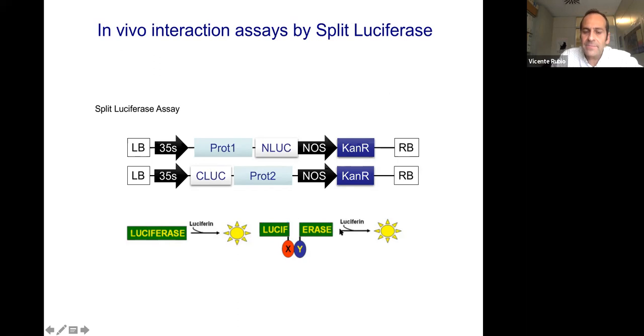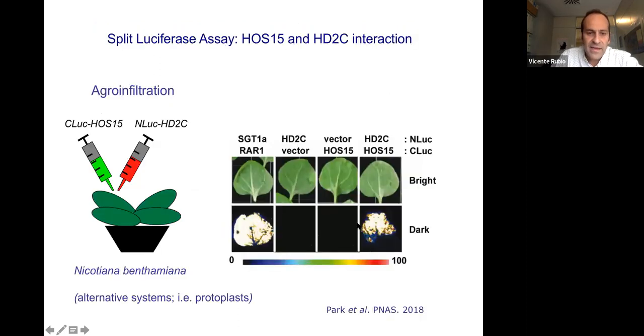And this is what you can see here in an example from a paper in which we collaborated, with HD2C and HOS15. This reminds me of the talk of Marta. Here, our collaborators were characterizing the function of HOS15, which is a member of the Cullin-4 E3 ligases, the ones that are of our interest.